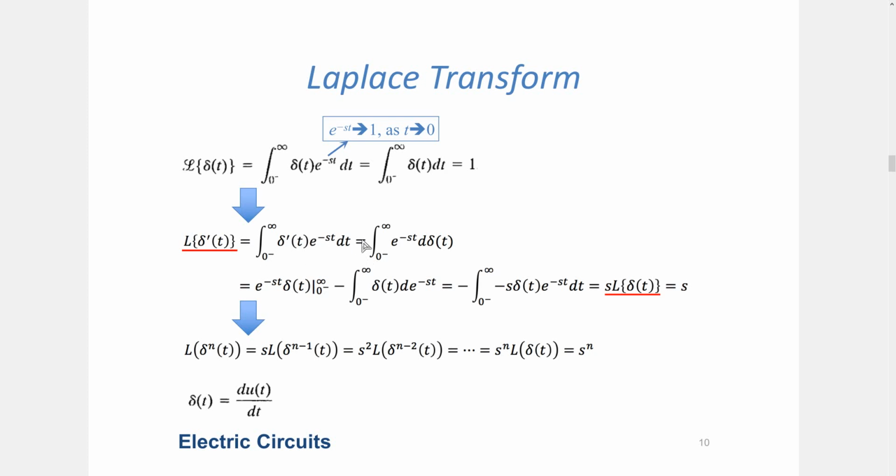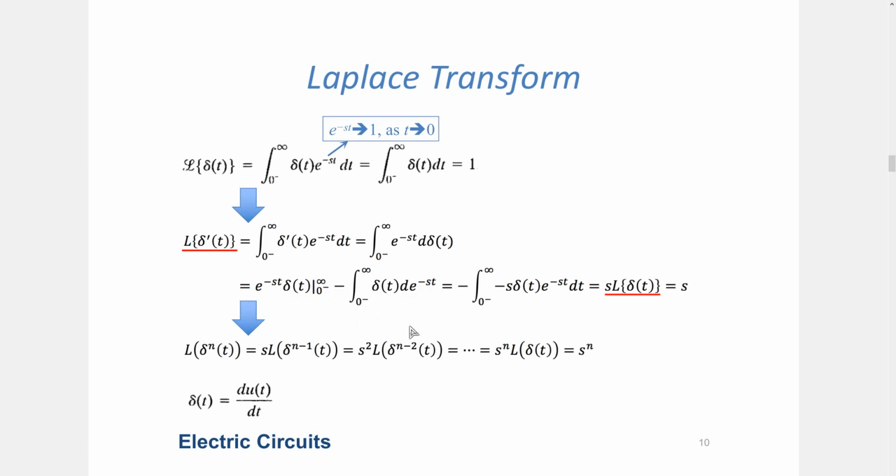Using integration by parts, I get e to the minus st times delta(t) from 0 to infinity minus the integral from 0 minus to infinity of delta(t) times d of e to the minus st.